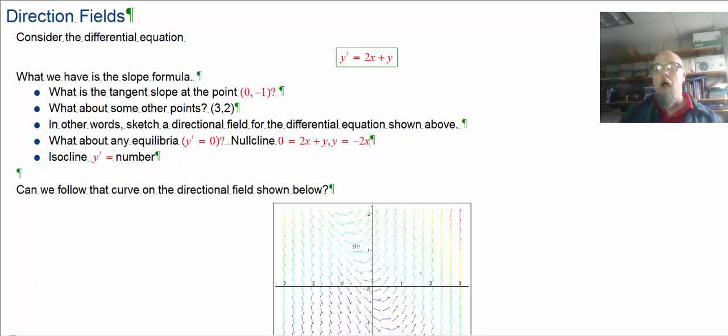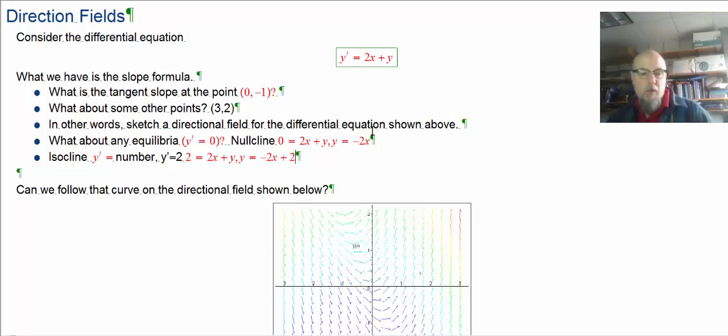Now 0 makes a nullcline, but we could have picked any other number. If I set y prime equal to some other number, and I'm picking this arbitrarily, y prime equal to 2, that's going to give me the curve that connects all the places where the slope is equal to 2, or 2 is equal to 2x plus y, which I would write as y is equal to minus 2x plus 2.